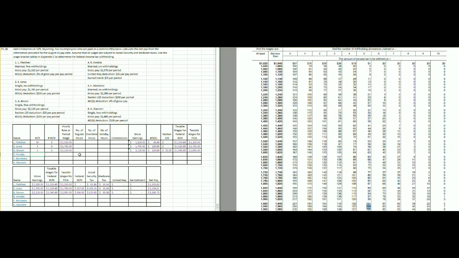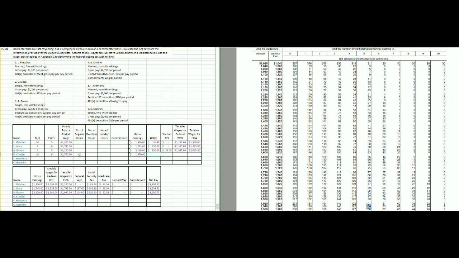Our next employee is R. Kimball. R. Kimball is married with 6 withholdings and earned $1,570 this pay period. We have no information about commissions, so his gross pay is going to be $1,570.